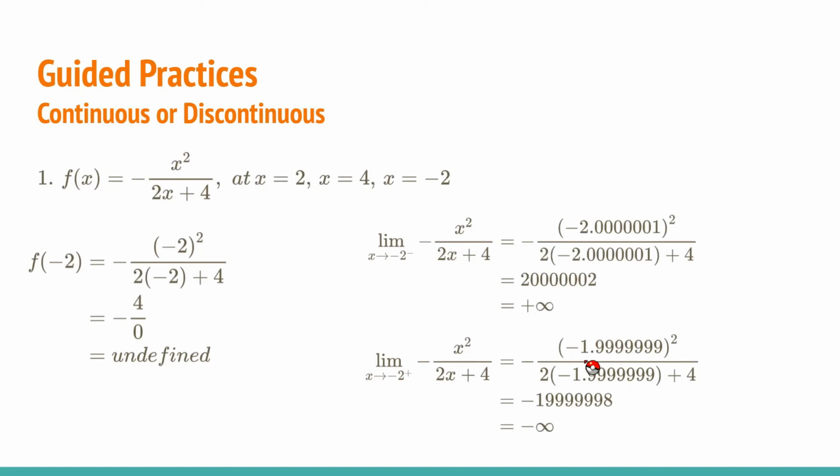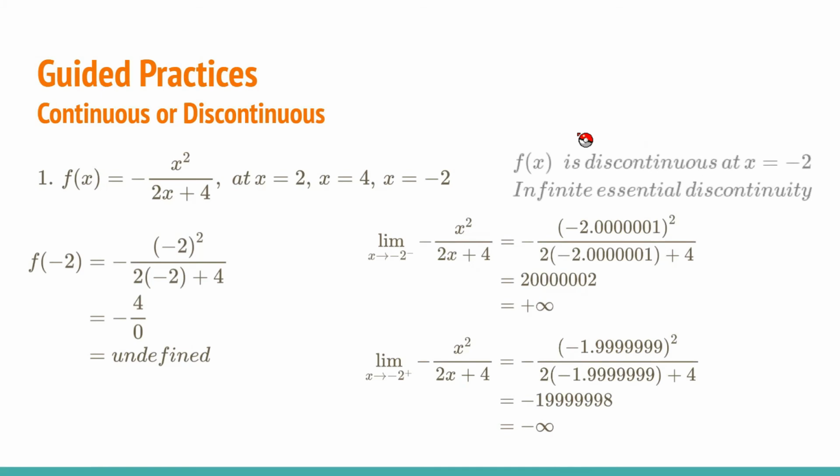And if we do that, we find that the values decrease to negative infinity. So since we have infinities for the limits, therefore, f of x is discontinuous at x equals negative 2, and it has an infinite essential discontinuity.